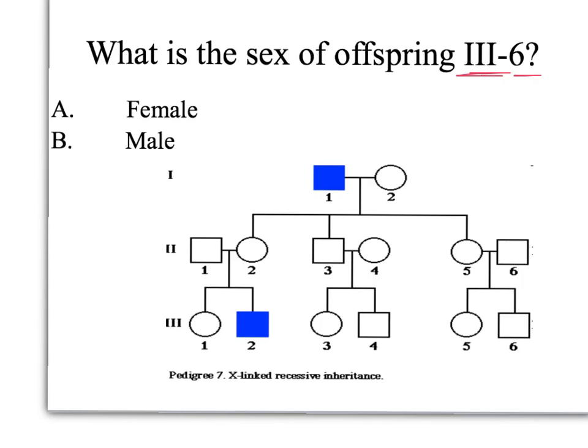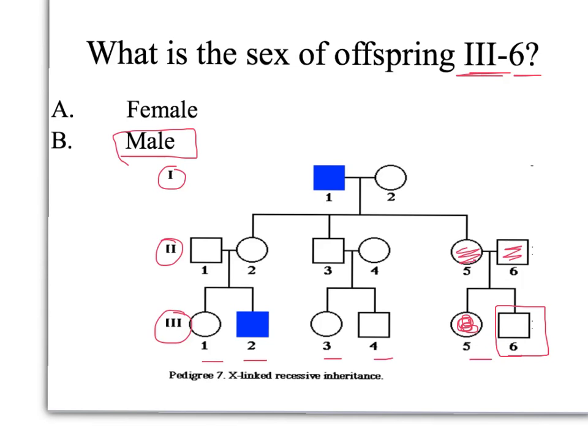Okay, so here's our first, second, third generation, offspring 1, 2, 3, 4, 5, 6. It's a square, therefore it's going to be a male. This is his sister right here. Here's his dad, here's his mom, here's grandma, and here's grandpa.